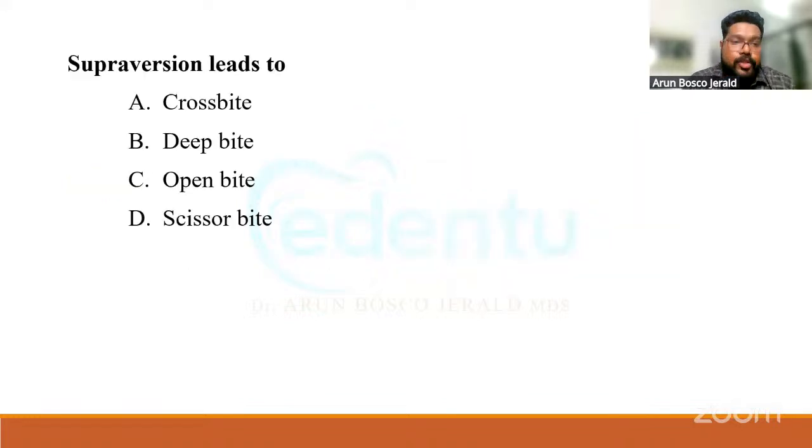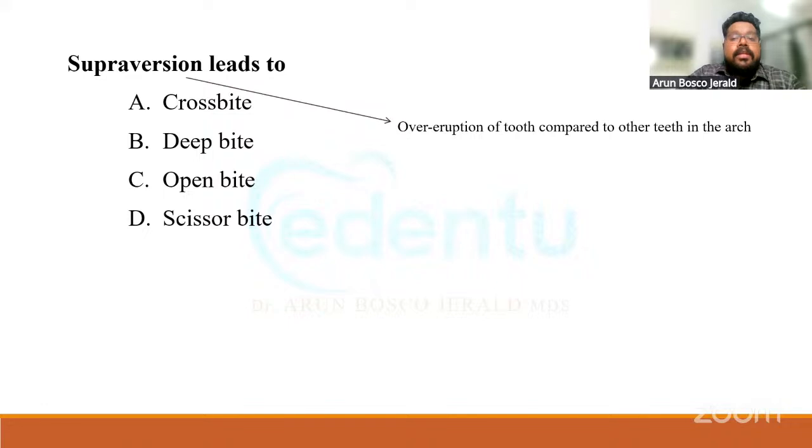Supraversion leads to... You can easily delete open bite and scissor bite. Now you may get confused with why I deleted this. I'll explain why. Supraversion means over-eruption of a tooth compared to other teeth in the arch.